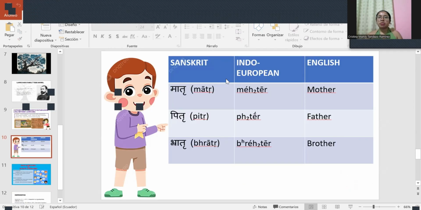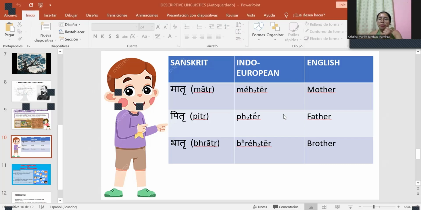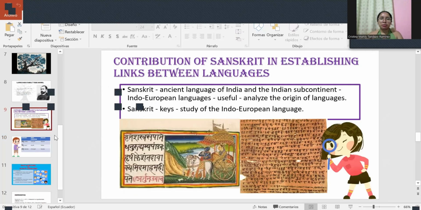For example, here, the Sanskrit words, Indo-European words, and English words like mother, father, brother, we can see that they have a similar form between the words. So this is the way that people have the opportunity to create, analyze and understand how the languages are related between them, and understand how Sanskrit helps.